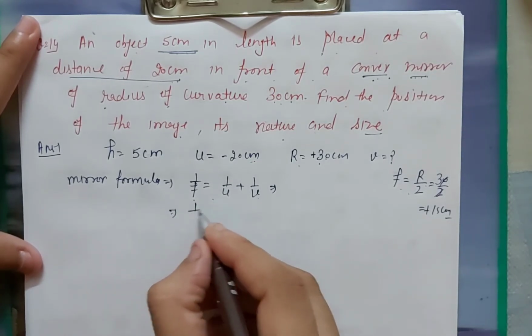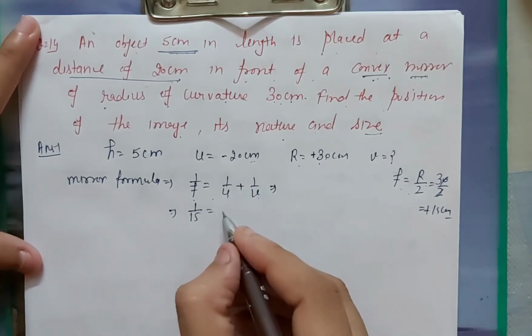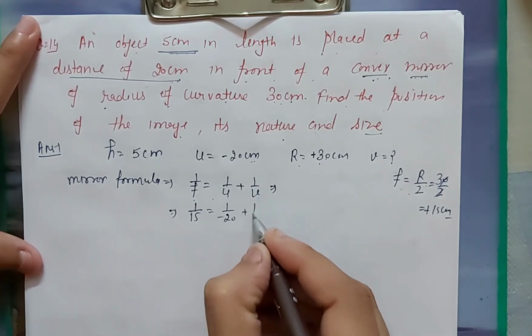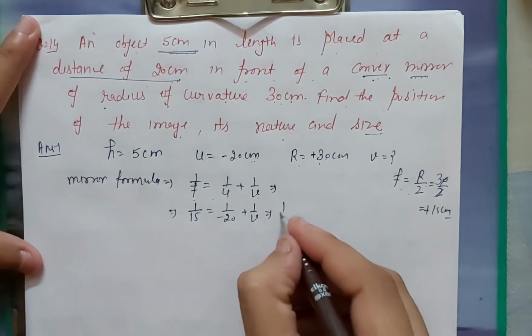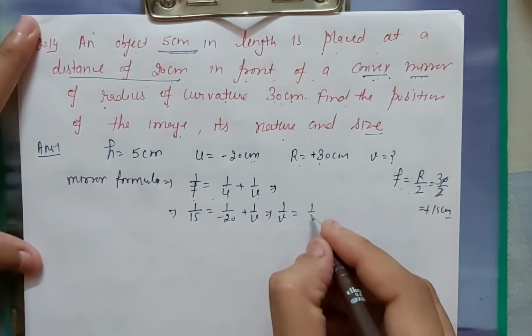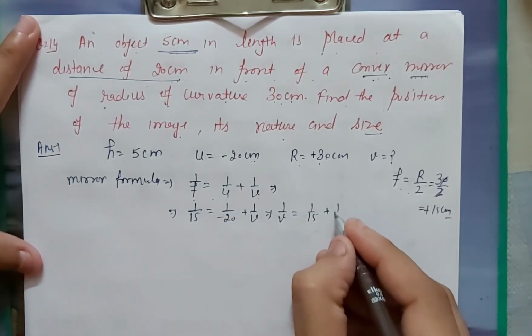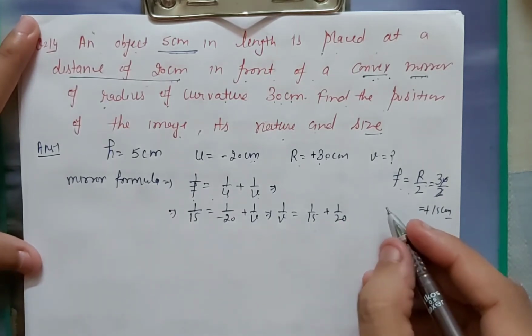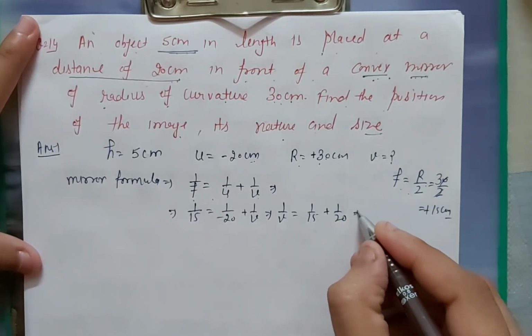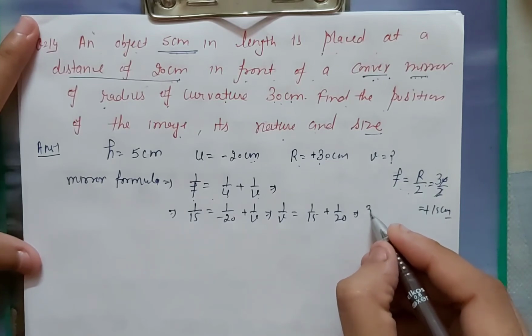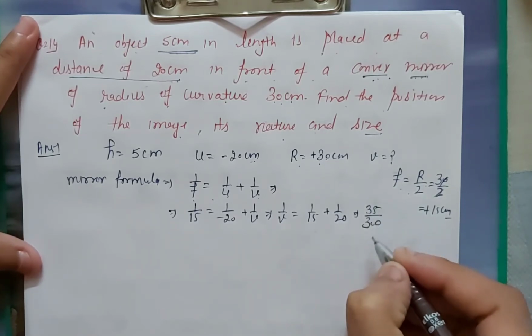So put this value: 1 by 15, 1 by minus 20, 1 by v. So we can write that 1 by v is equal to 1 by 15 plus 1 by 20. So this is equal to 35 divided by 300.